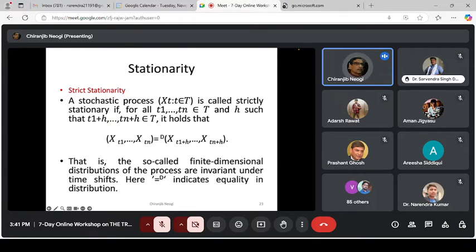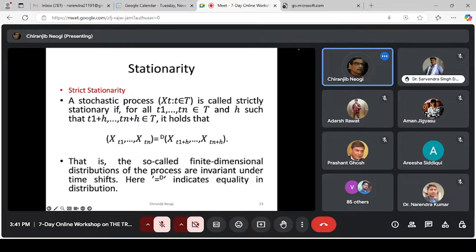If h is constant, there is only a shift of the time, from t1 to t1 plus h, t2 to t2 plus h, like this. So there is a shift in the time points. If the joint distributions of these two sets of variables are the same, then we call it stationary.